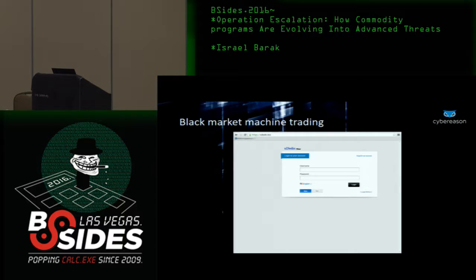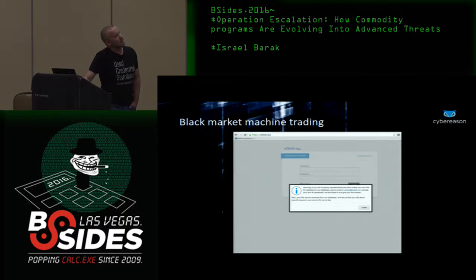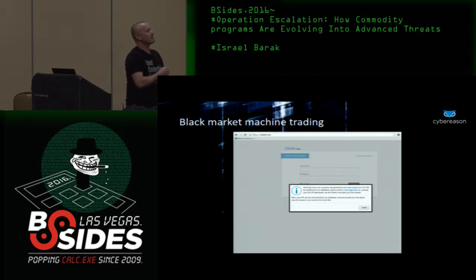Resolution is not so great, but let me read it for you. It says, warning, if you're a company representative and want to check your firm IPs for existence in our database, send email to provide your firm IP, et cetera. You can really hear the thick Russian accent there.